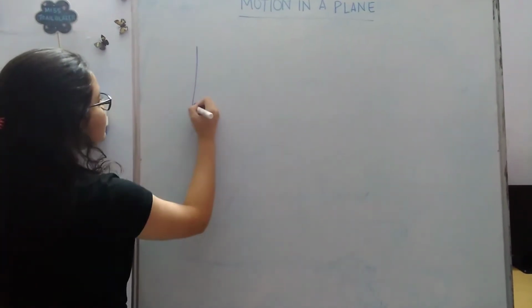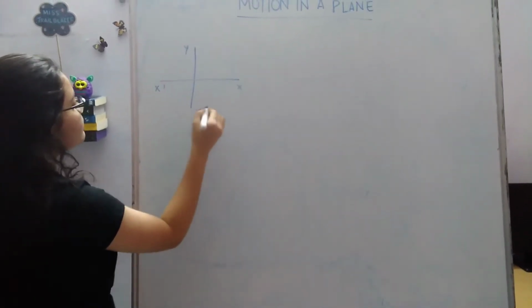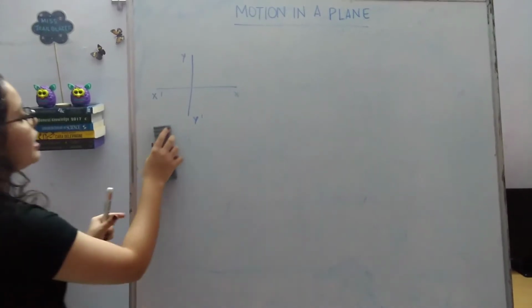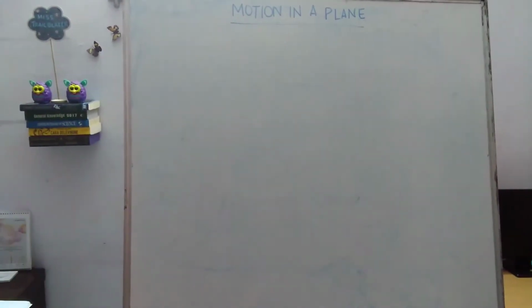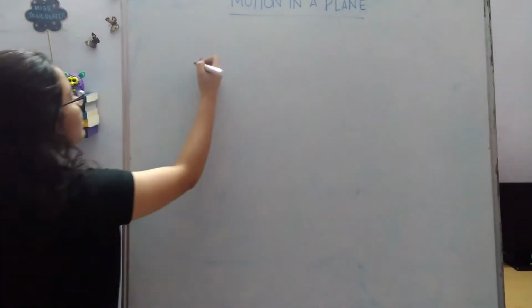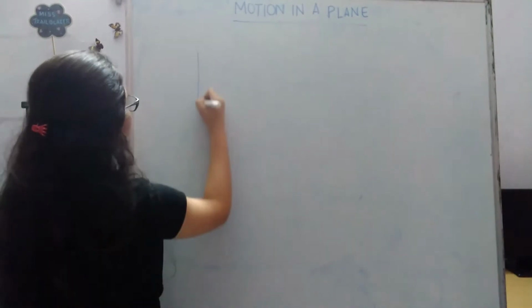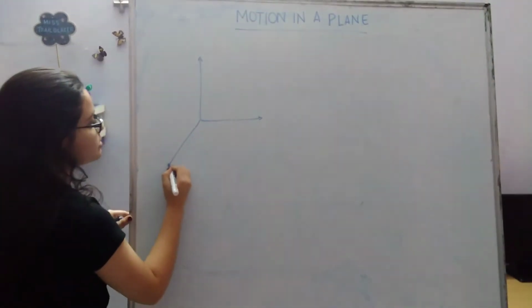So now you all know about this system, which is the Cartesian system, right? So it has x-axis, y-axis, negative x-axis and negative y-axis. But to describe motion in a plane or motion in three dimensions, we will have to talk about a new kind of Cartesian plane, which will have x, y and the z axis.